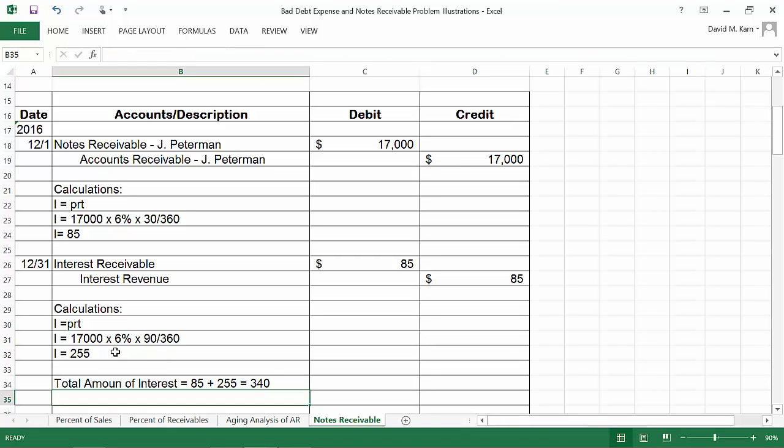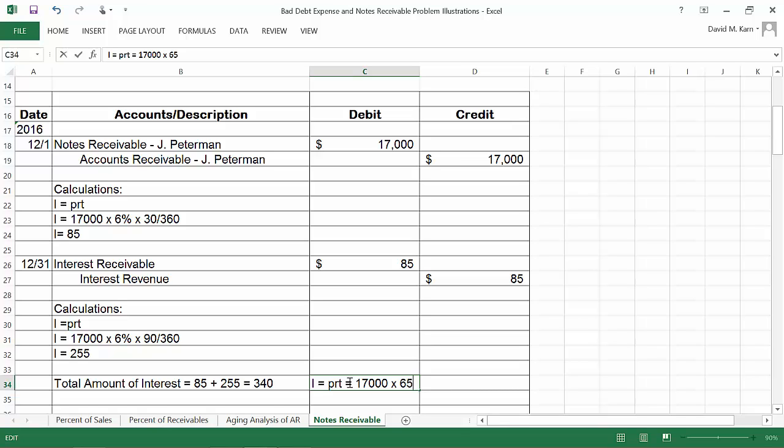And you could always calculate this out too. If you wanted to try it out, you could take I equals PRT here and say it was 17,000 times 6% times 120 divided by 360.